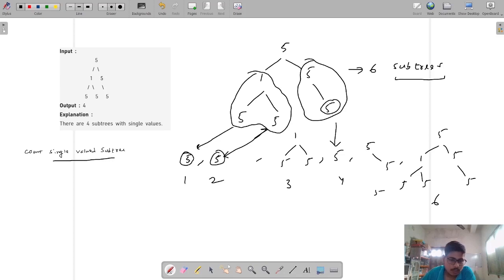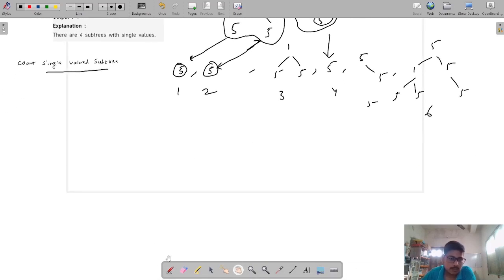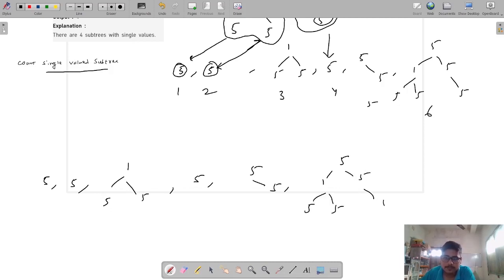So see these subtrees, I'm just writing all the subtrees cleanly. So 5 5, this one again 5, this one, and right.